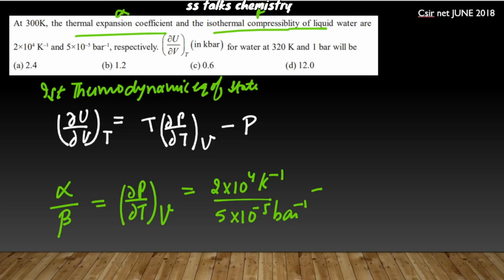So this value is going to be 20 upon 5, that is 4 units, bar per Kelvin. This is the value of del P by del T at constant volume. Just substitute this and you will get your answer.